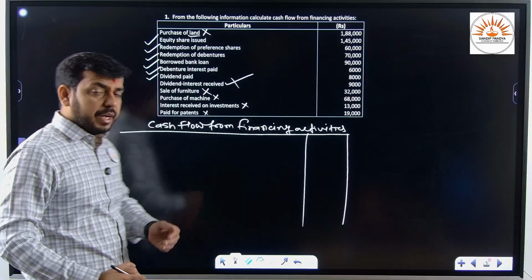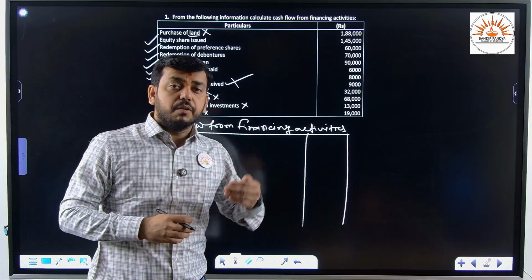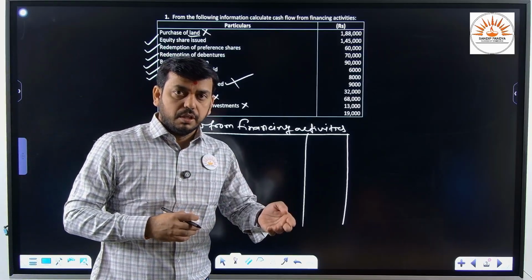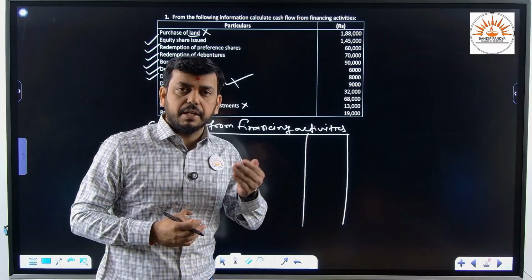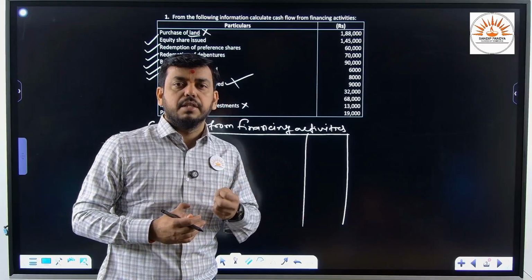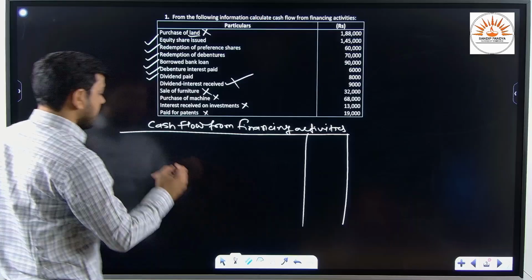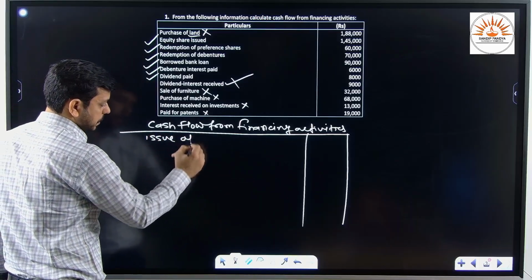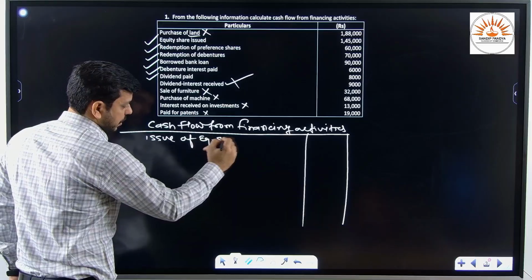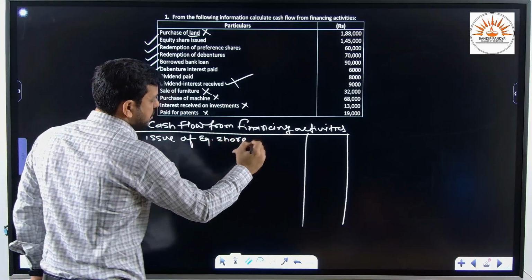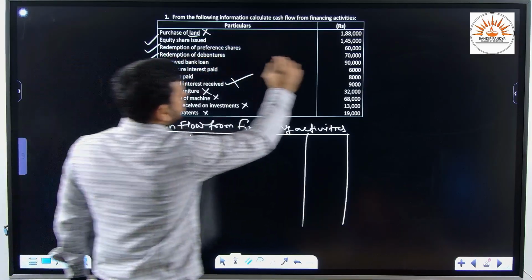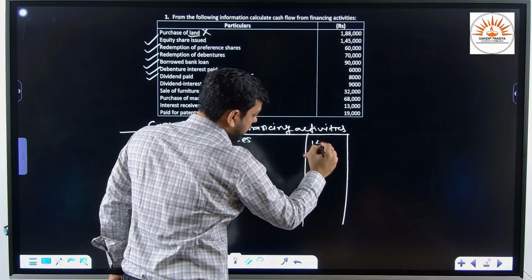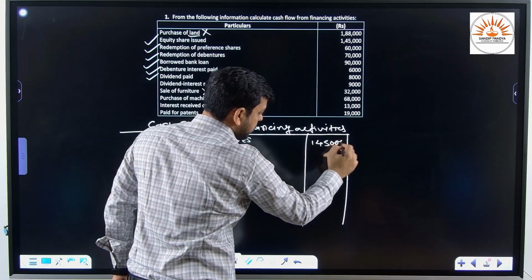Whenever we issue shares to the equity shareholders or investors, we receive cash from those investors. So cash comes in, that is our inflow. So we shall write issue of equity shares, that is rupees 1,40,000. That is a positive flow, cash comes in.